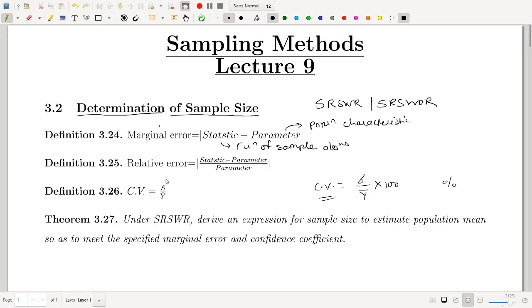Here sigma is replaced by S. When n is very large, capital N is very large, then the population standard deviation and the population root mean square make no difference. So the coefficient of variation formula will be S by Y bar.